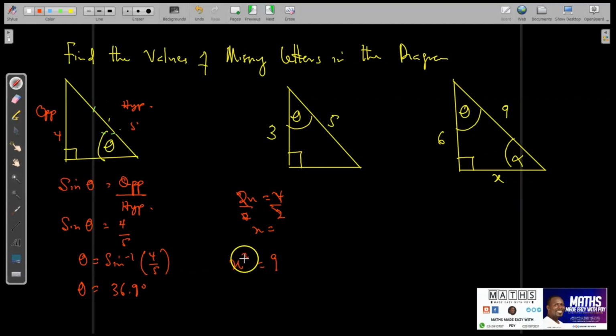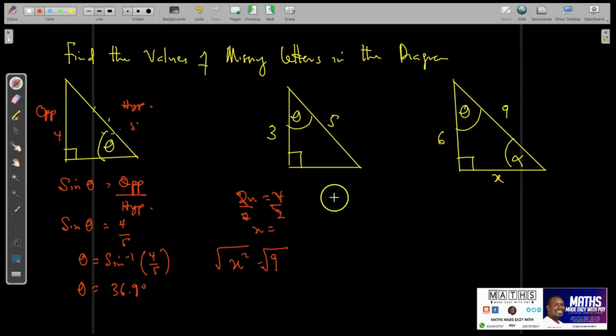How can you get rid of the square? You introduce the square root sign on both sides. So the same way, if you have sine of an angle theta equal to opposite over hypotenuse and you want to find theta alone, getting rid of the sine, you must find the inverse on the other side.